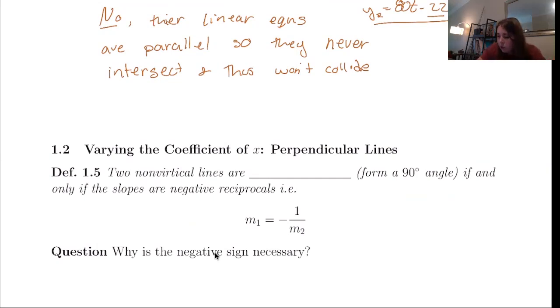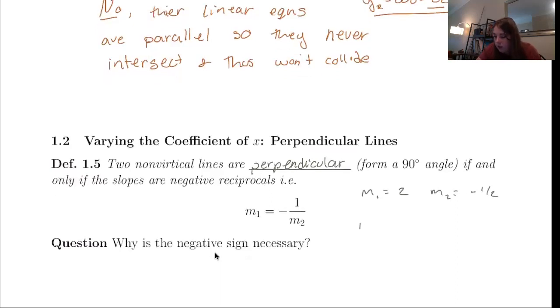So if my slope M is 2, a slope that would be perpendicular to it would be what? Two non-vertical lines are perpendicular if and only if their slopes are negative reciprocals. So if my slope is 2, it would be negative 1/2.